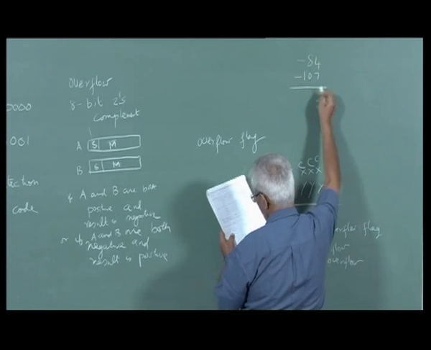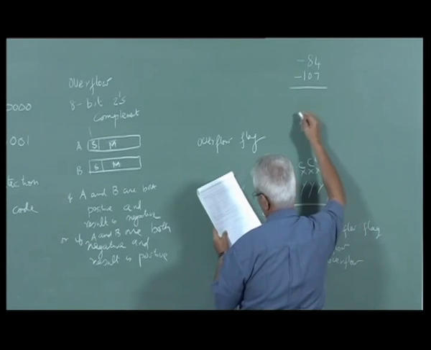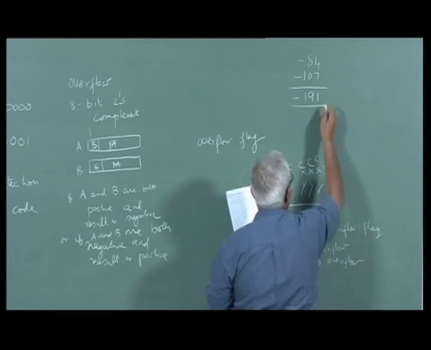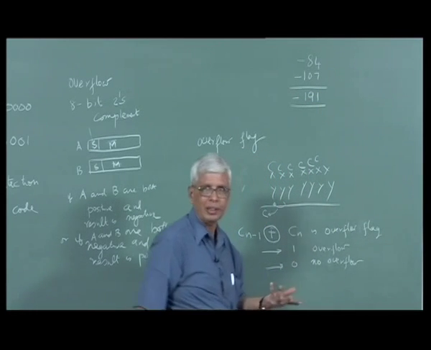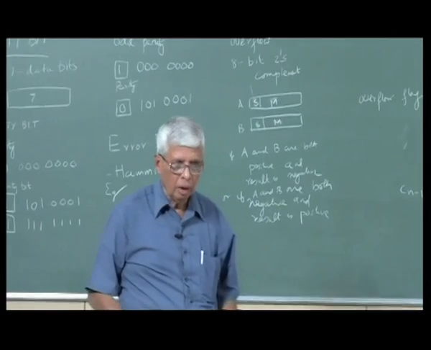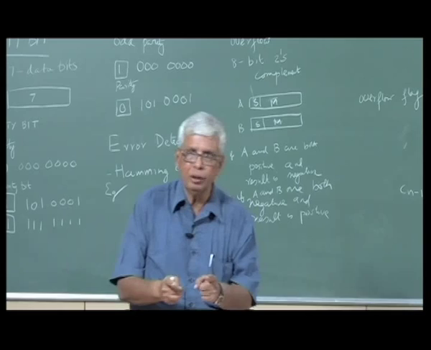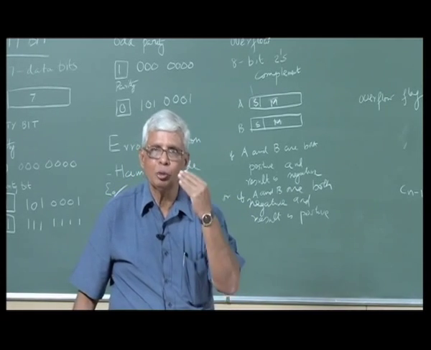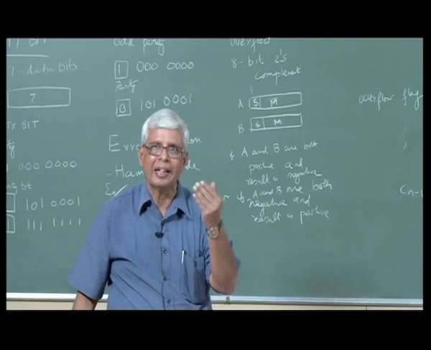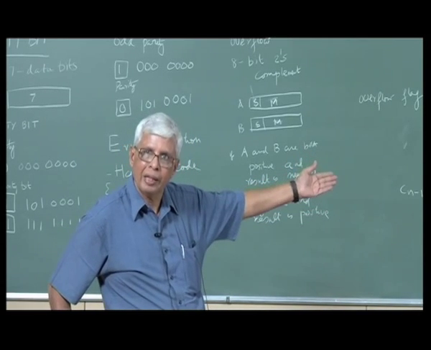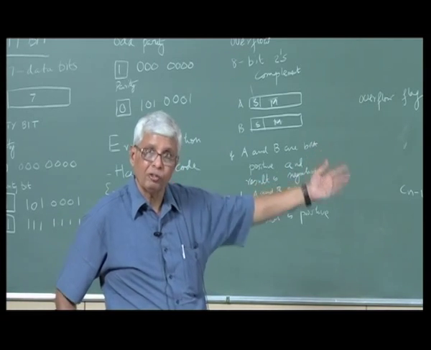If you add them, the result should be minus 191. Decimal arithmetic, you know this. Now, 7-bit magnitude with 1-bit sign. So 7-bit magnitude can only be at most 127 positive or 128 negative. The number is more than that. So you are sure to get a carry. Sure to get an overflow.